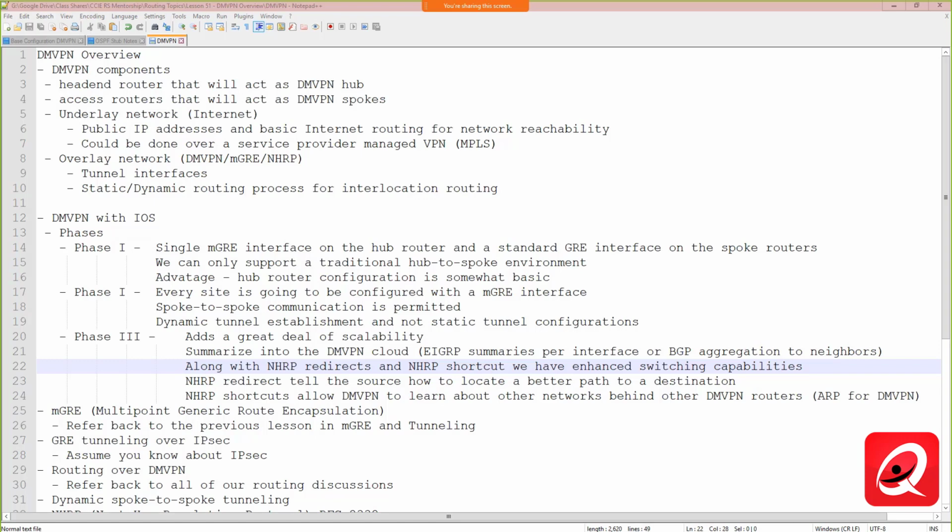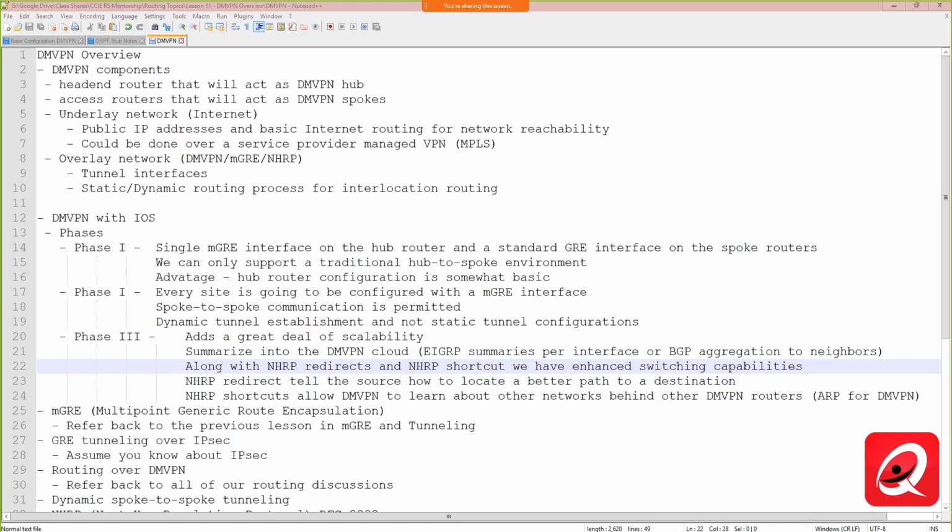We do require two IGPs, right? We require the underlay routing protocol and the overlay routing protocol. Typically, the overlay routing protocol is going to be a typical IGP that we would run within our enterprise, like EIGRP or OSPF or IS-IS or RIP.